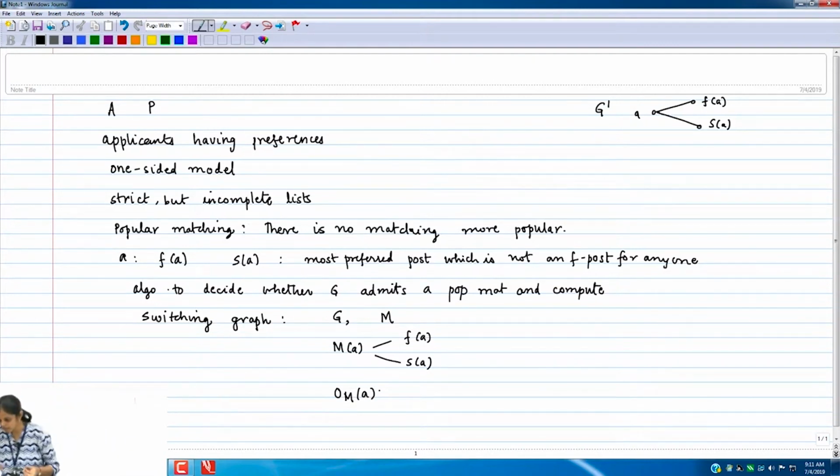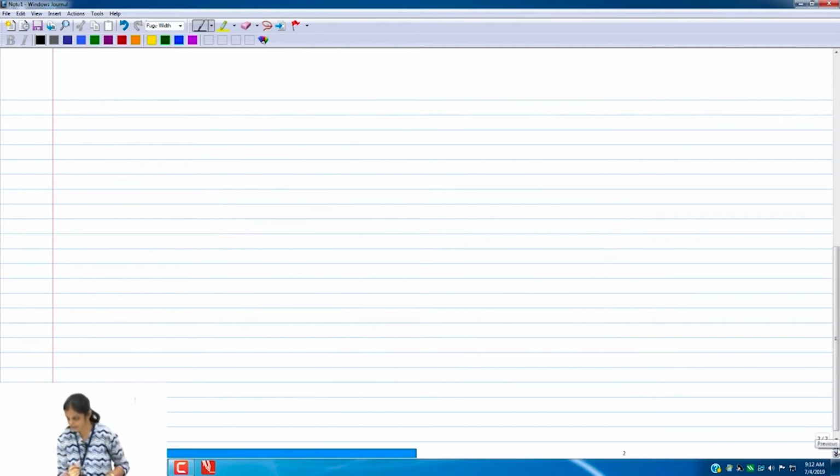So, we said we would like to construct a switching graph, and we have also said exactly how to construct the switching graph. We will do this for an example. So, why are we constructing the switching graph?